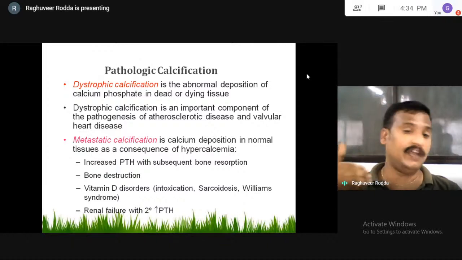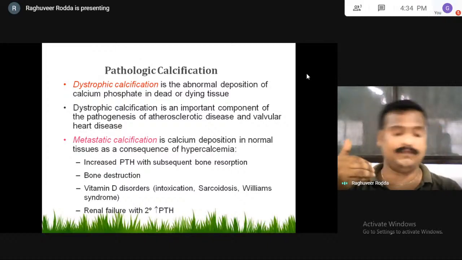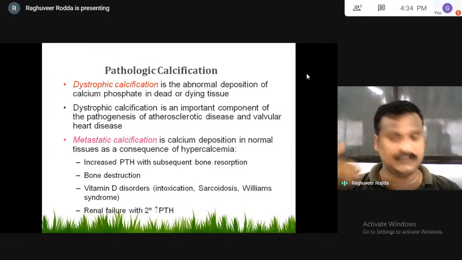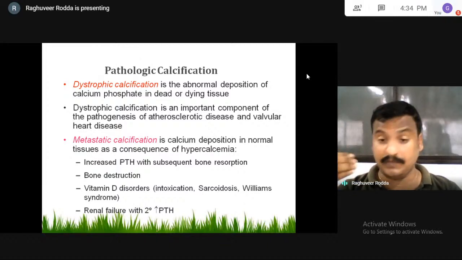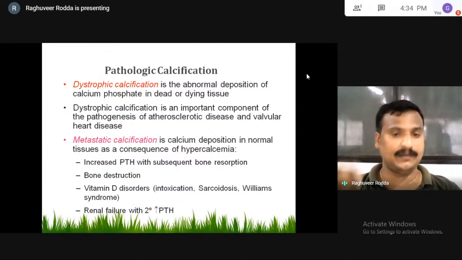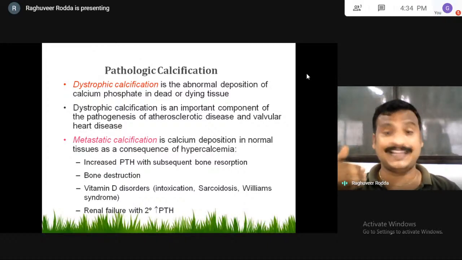And renal failure, when the kidneys are unable to produce specific substances, especially parathyroid hormone. When parathyroid hormone levels are decreased, it is a very important hormone that comes from the parathyroid gland, and it influences the hormone called calcitonin, which is responsible for the calcification process.